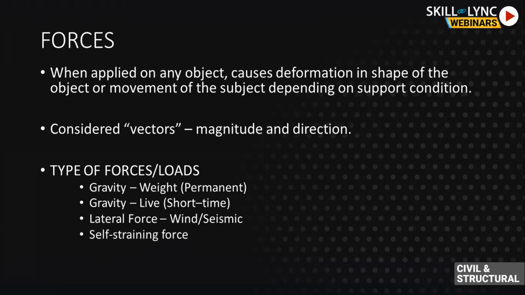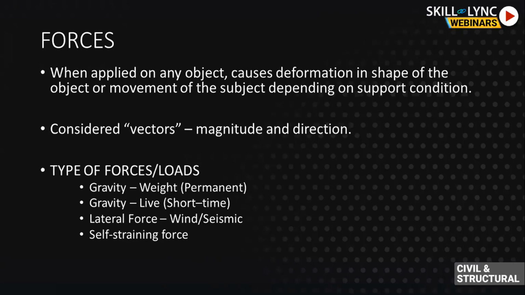Now, self-straining forces. This is a special type of force. It is not a lateral force, not a gravity force. It is caused mainly by temperature loads. We can see in many places we have extreme weather conditions. In those conditions, a force is generated in the structural system that is purely self-straining.